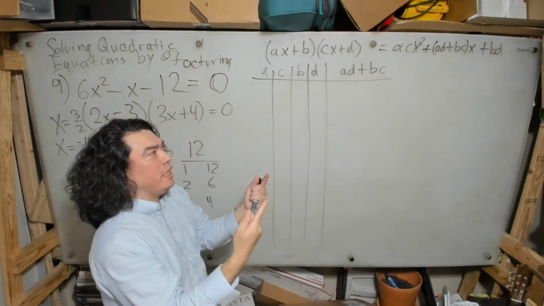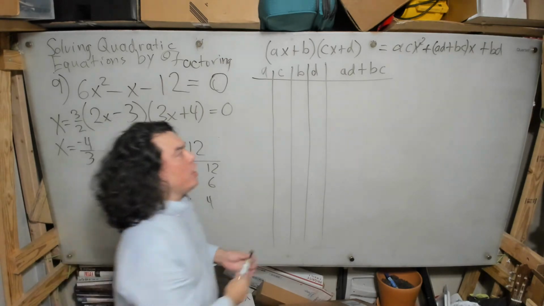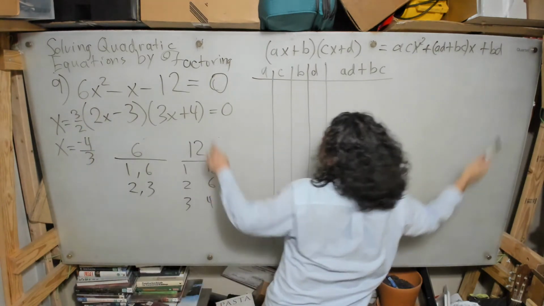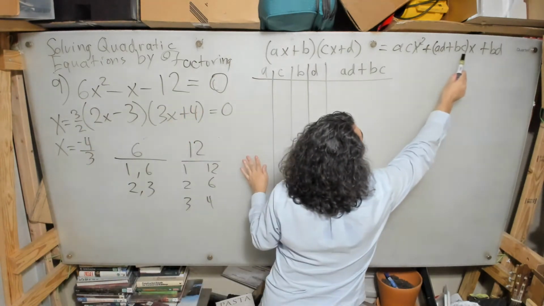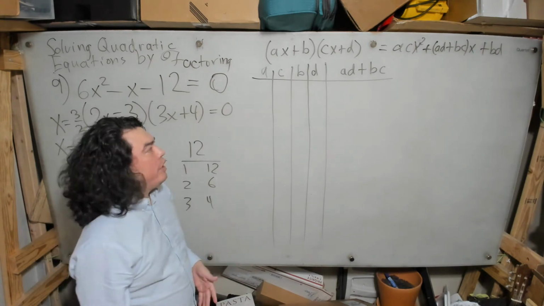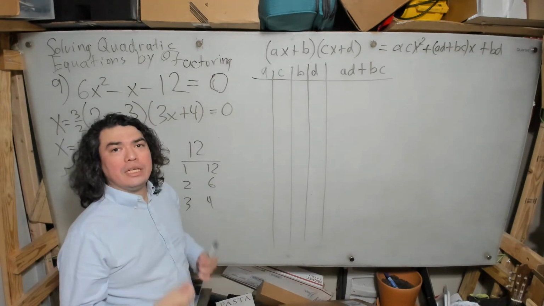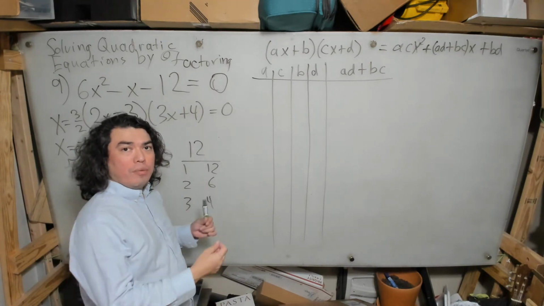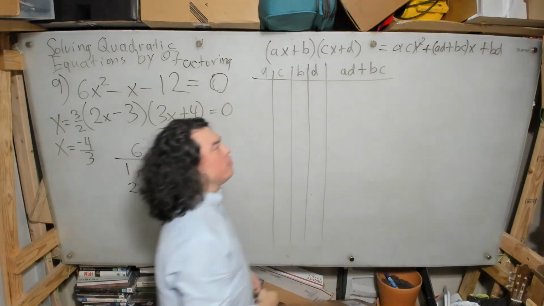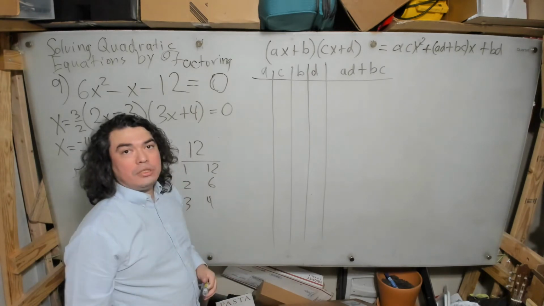That allowed us to realize that the most promising candidates for a, c, b, and d are those numbers that multiply to give the leading coefficient and the constant term, and then we could use this middle number as a way to test which of those potential candidates, based on satisfying these preliminary criteria, are actually the ones that satisfy the condition, if any do.